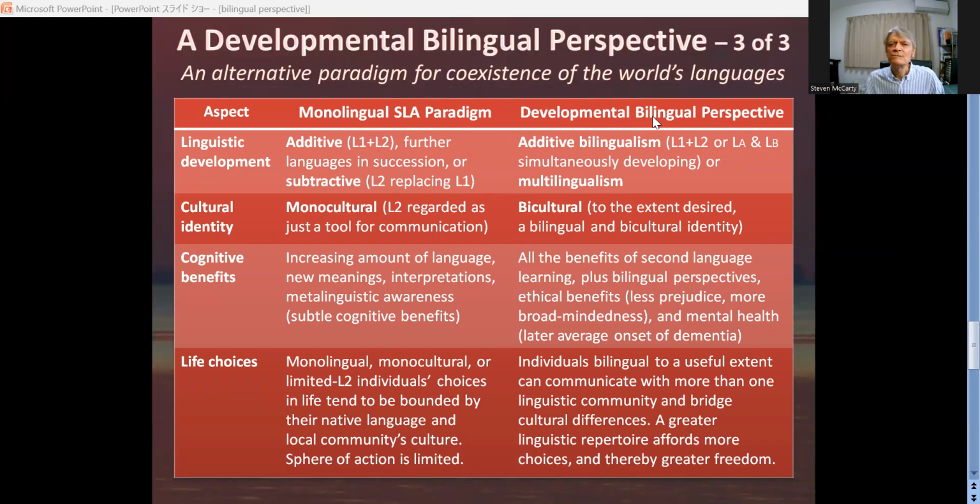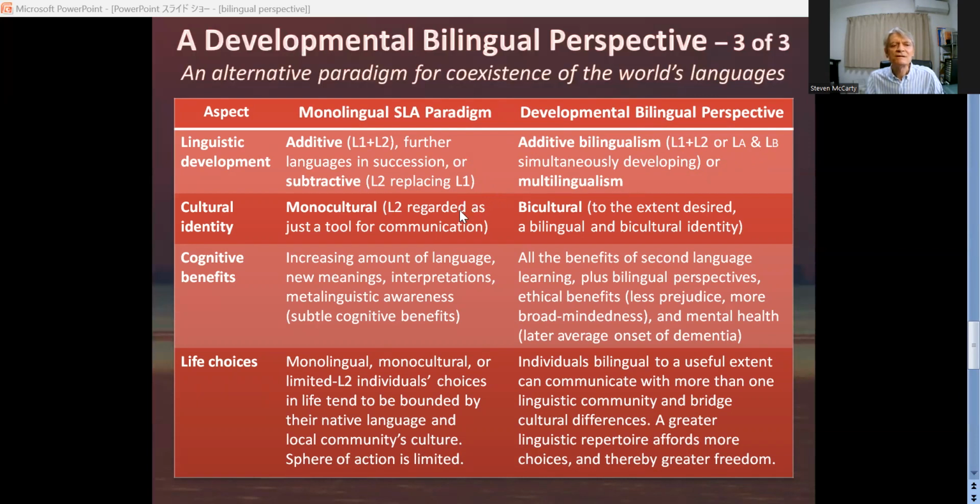Whereas the bilingual perspective works for additive bilingualism, which could be L1 plus L2, or also LA plus LB if they are developing simultaneously from childhood, or additive multilingualism.